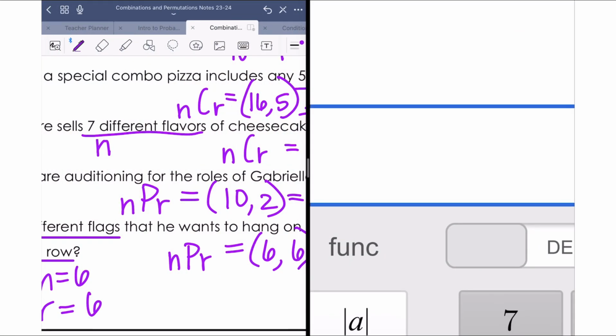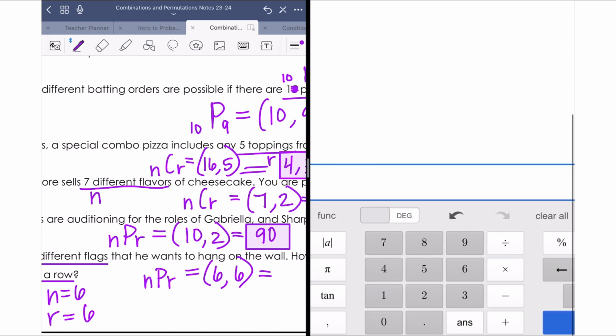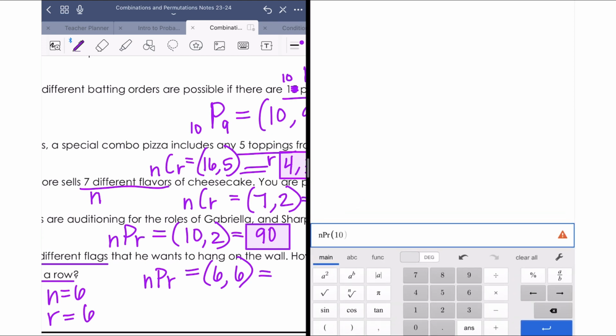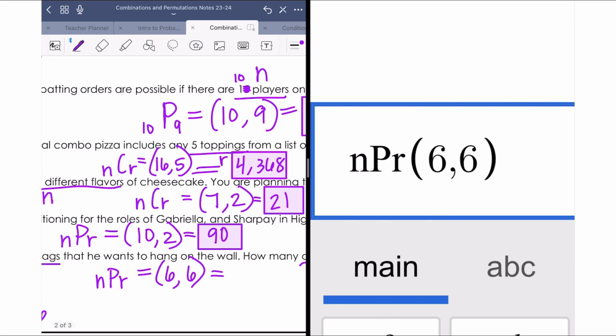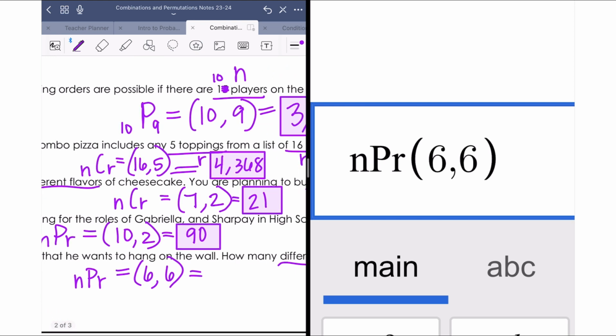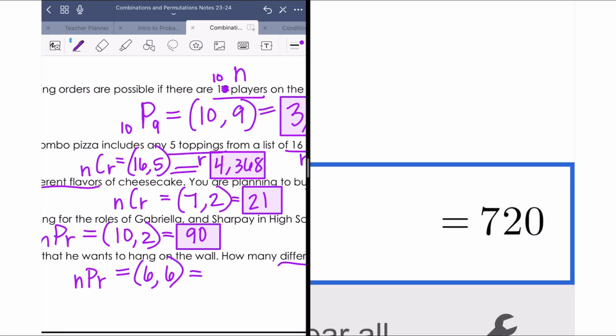Make sure you write it down. I'm sure you're going to see that on your Delta Math. So, all right, so the both numbers are 6 for that one. Like so. Okay. All right, so he has 6 flags and he wants to have 6 flags on the wall. So there's 720 ways to rearrange them.